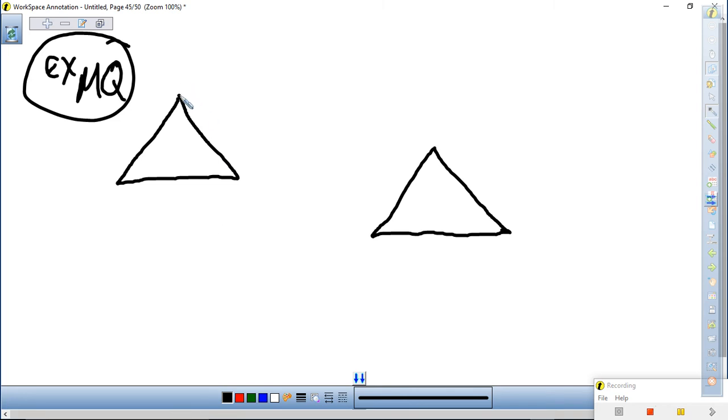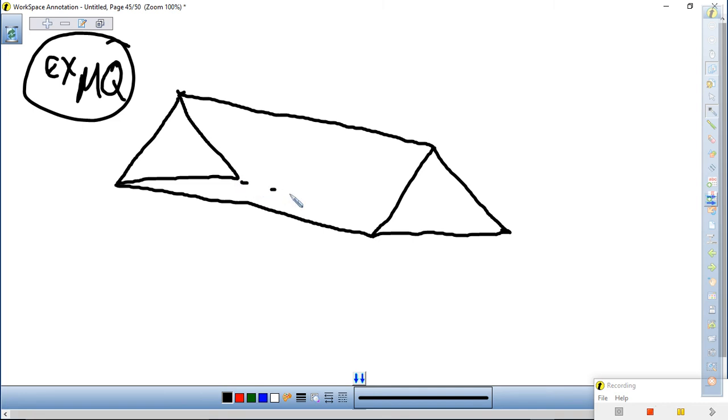So the top vertex to the top vertex, match it and connect it. The lower one on the left to the lower one on the left, and the one on the right to the one on the right. That one, since it's in the back, make it a dotted line so that we see that it's a transparent prism. There it is. Are we there so far?